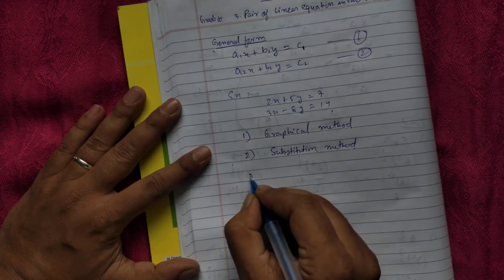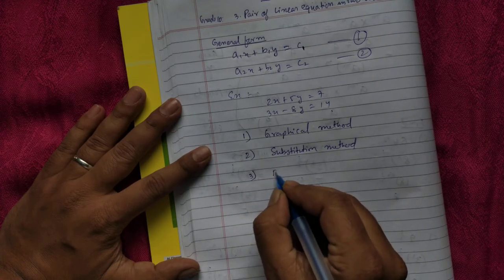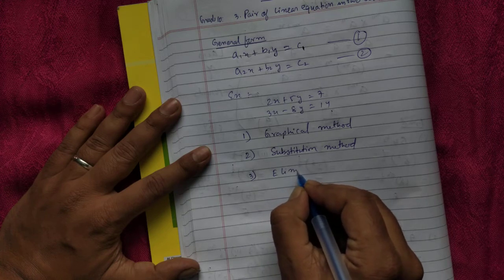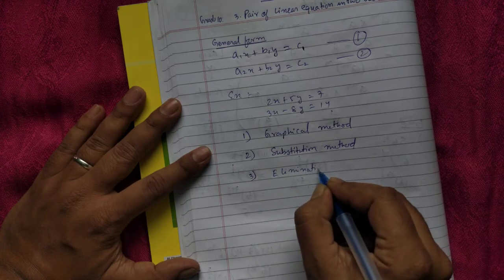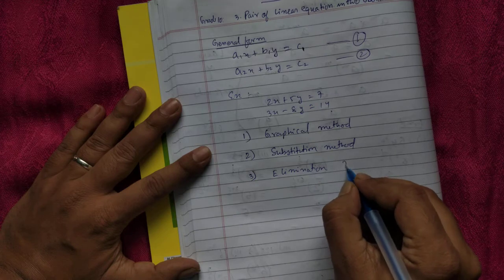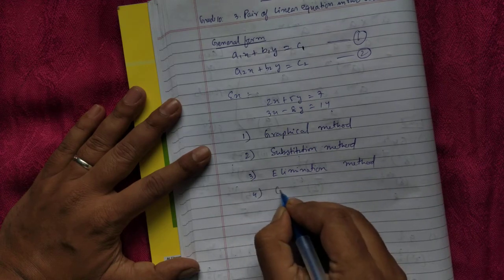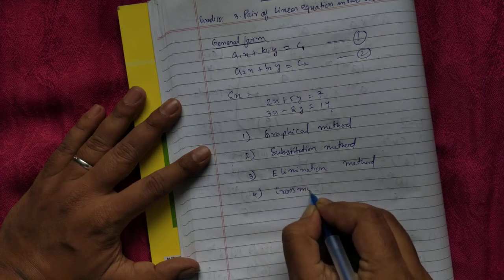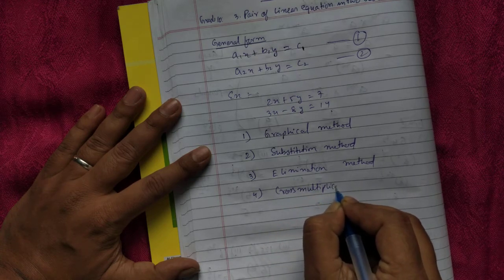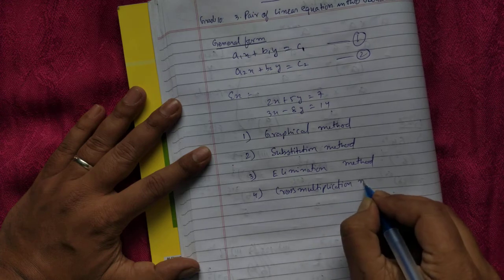The third method is elimination method, and the fourth method is cross multiplication method.